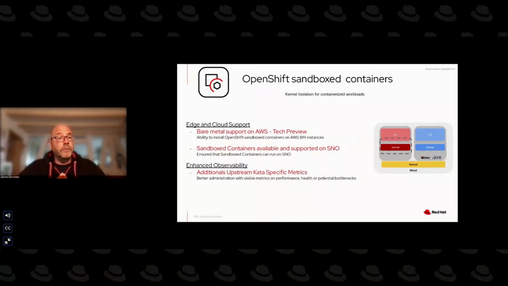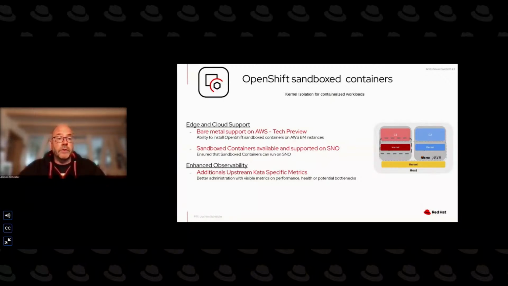So this time, with 4.11, our key milestones will be the following. We are enhancing our footprint in the direction of cloud computing by having the AWS bare metal option as a tech preview. This enables AWS bare metal today, but we will give you a lot more options with the next and following releases.